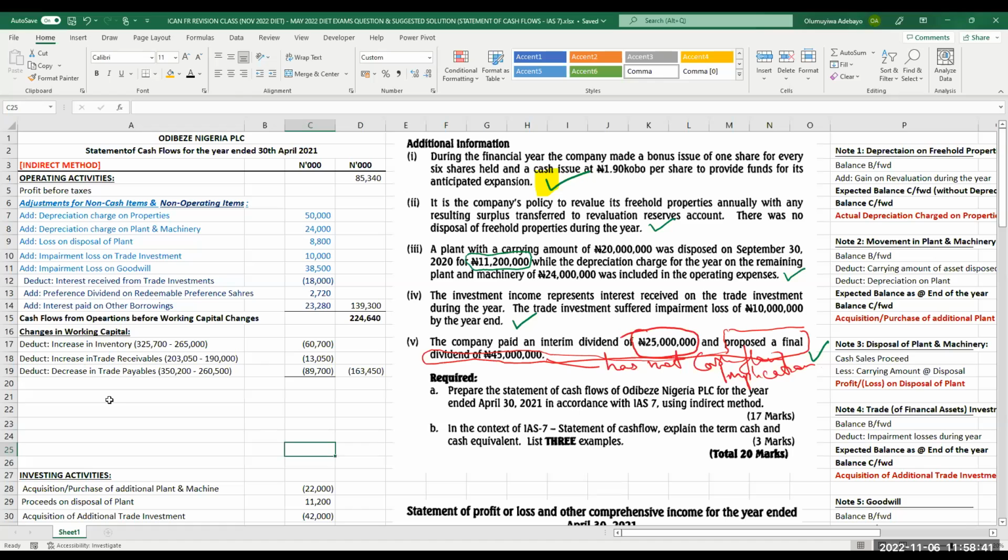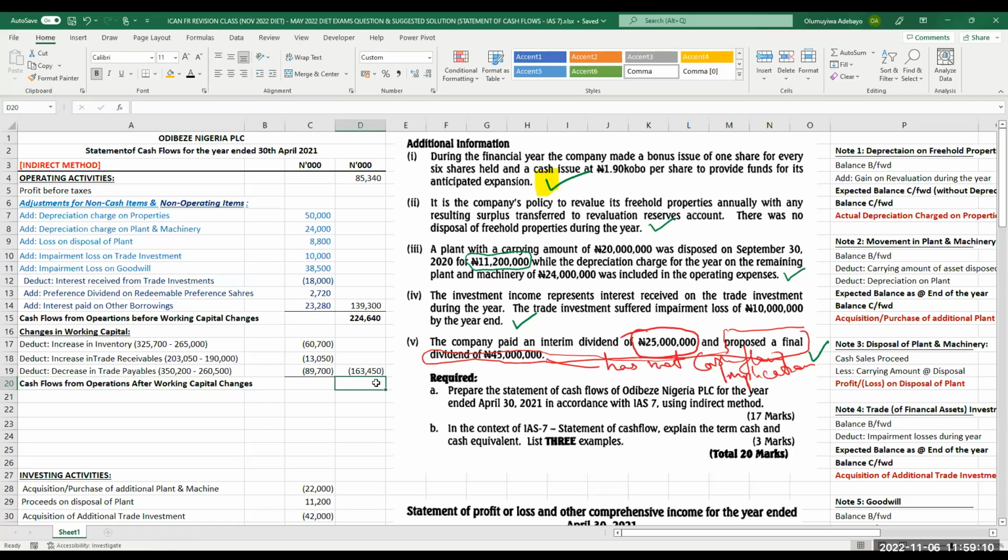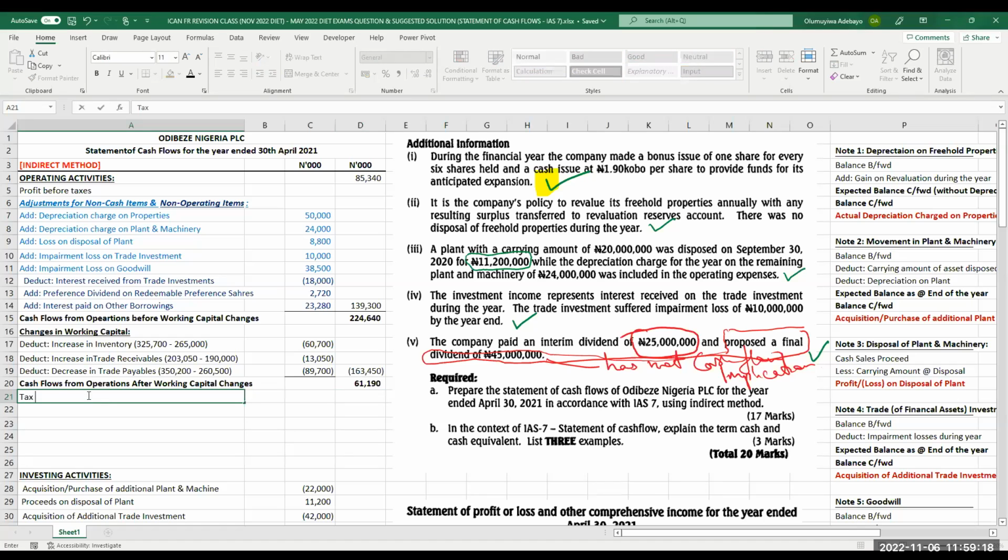Next, once I sum it together, I have my cash flow from operations after working capital changes. And the last information is tax paid.